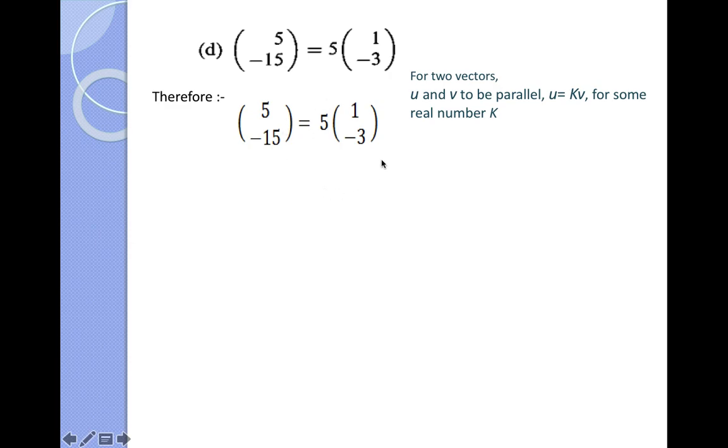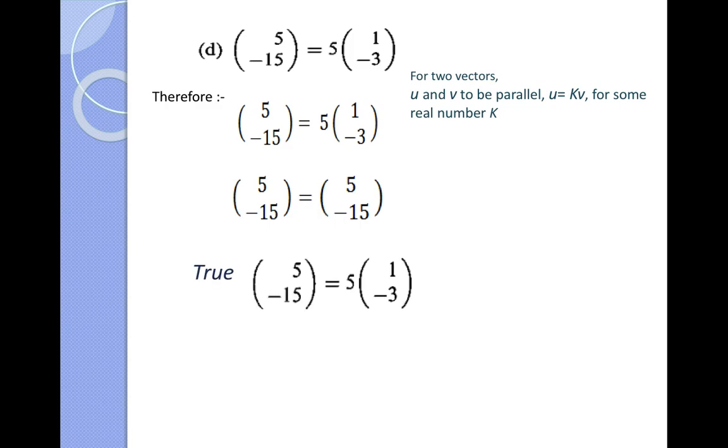So now LHS and RHS are equal, right? See, 5 is equal to 5 into 1. So LHS and RHS are equal, so that means true, the two vectors are parallel.